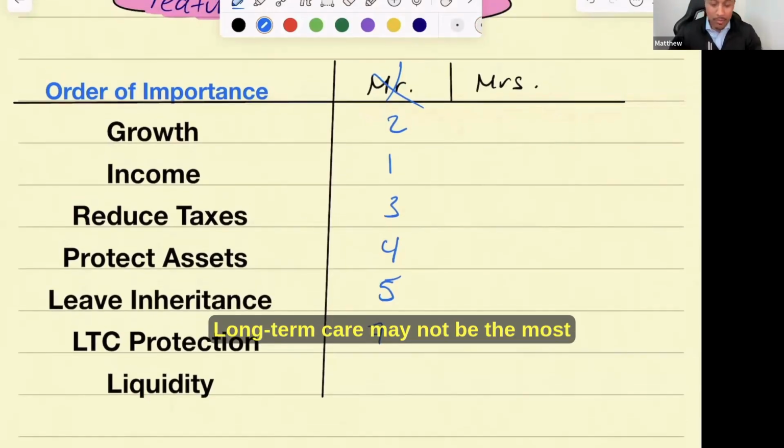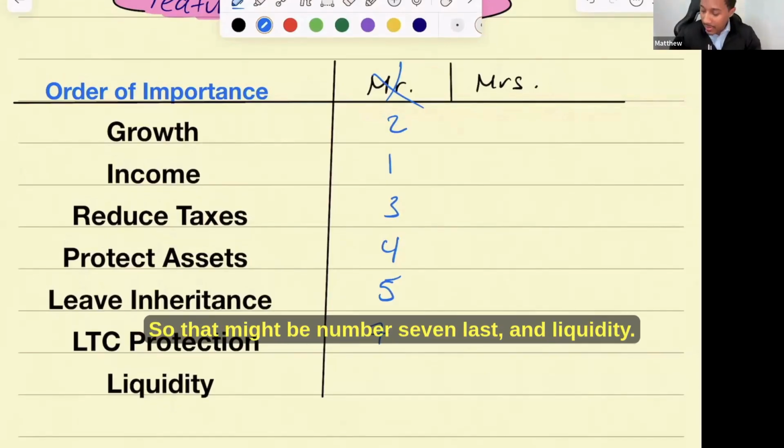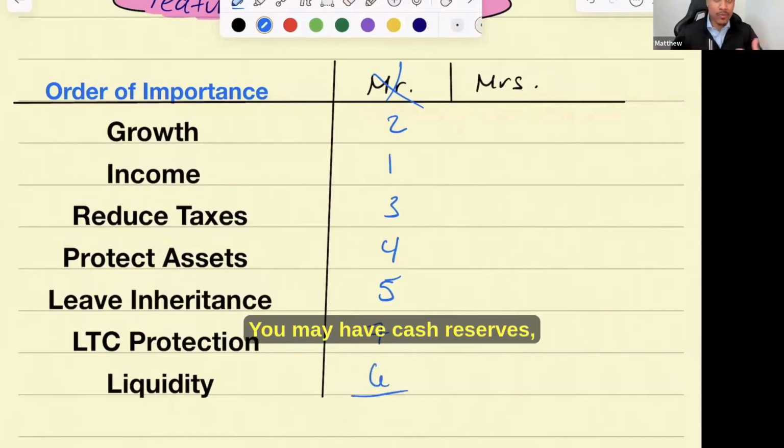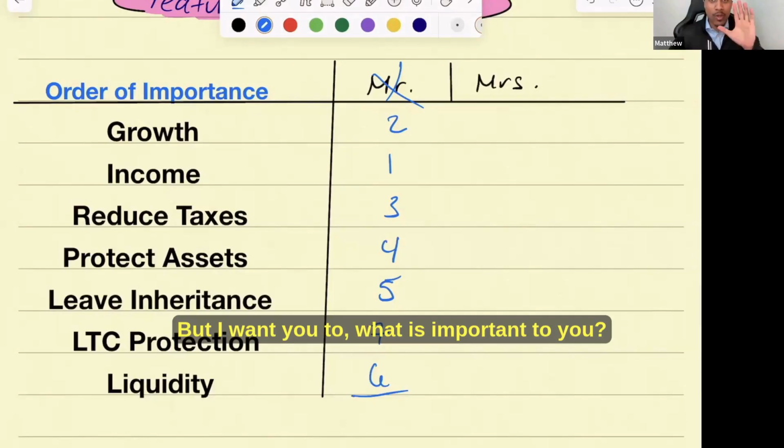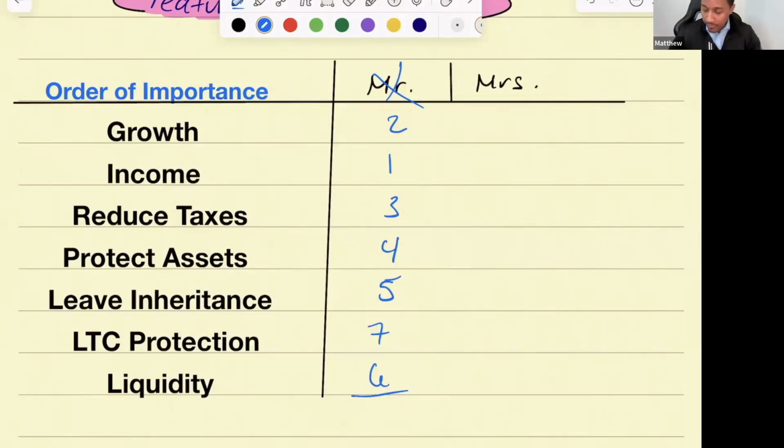Long-term care may not be the most important, depending on your starting age. So that might be number 7, last. And liquidity, you may have cash reserves, emergency funds already built up, so liquidity is not that important. But what is important to you? What's your order of importance? And then allocate money that's going to provide these outcomes for you.